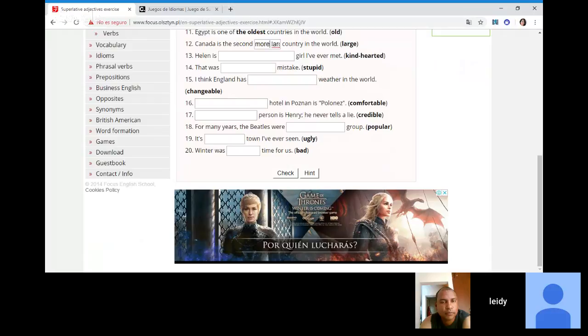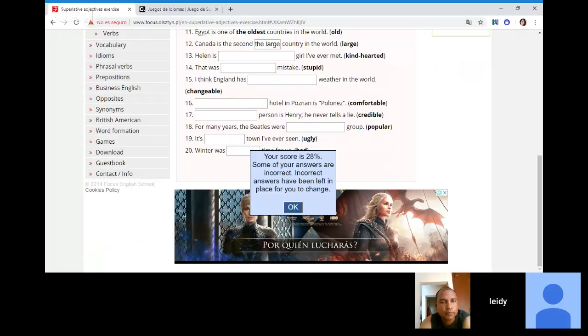Large. How many syllables has large? One syllable. When it has one syllable, how do you write? It's the largest.